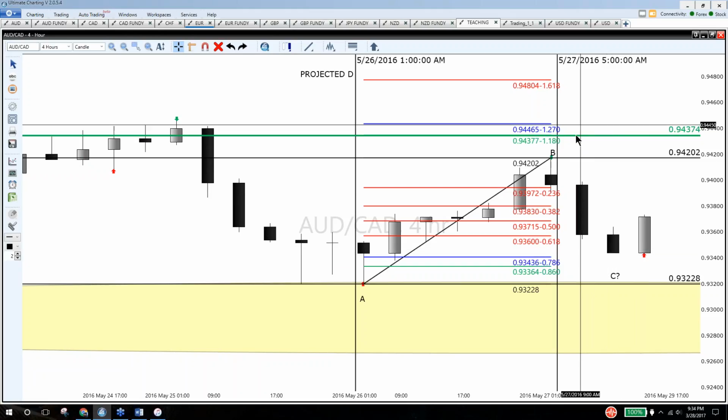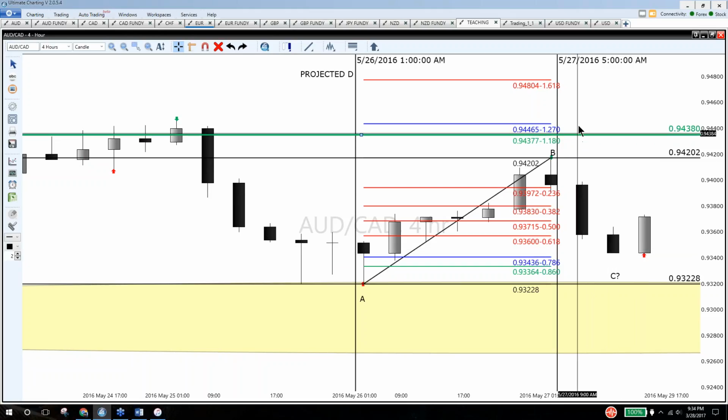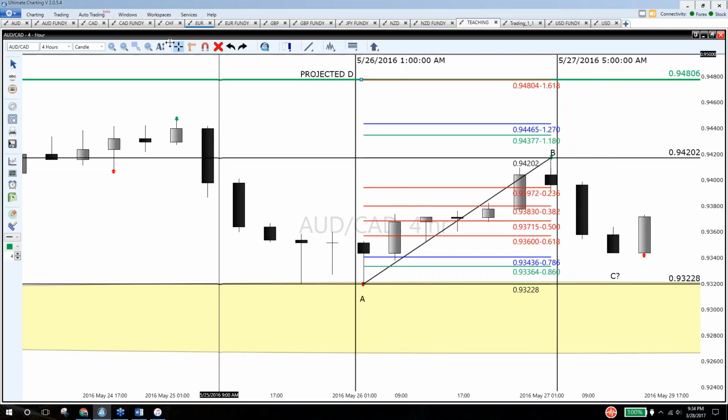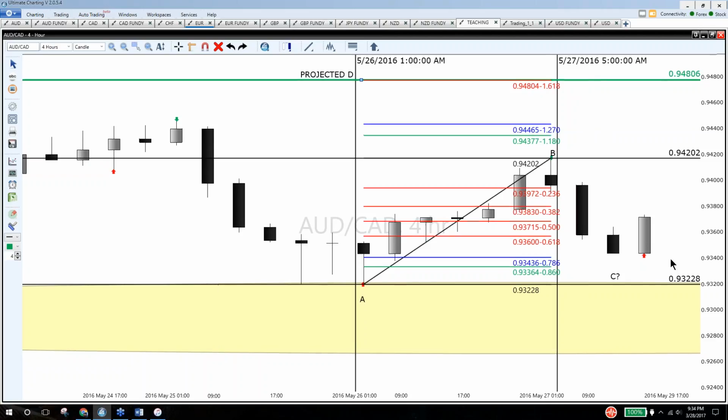All right, any questions on this? I don't want to get too heavy into entry because I want to make sure everyone knows how to plot the ABCDs first. But does everyone understand what it is we've just looked at here? Excellent, Deb. Absolutely. That's exactly what we look for. We're looking for the larger time frame to give us these signals.